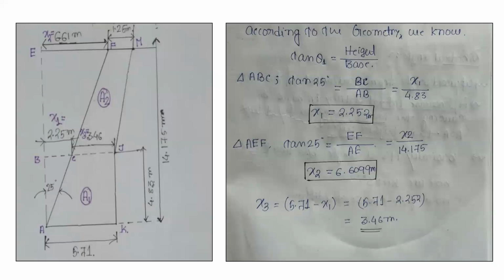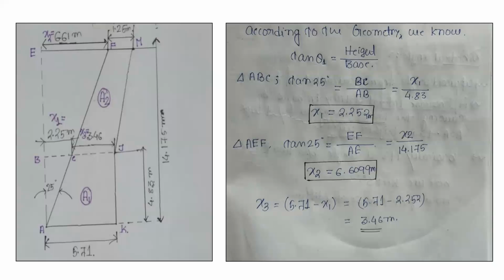Similarly, from triangle AEF, tan 25 degrees is equal to height by base, where the height is EF and the base is AE. EF we have denoted as x2, and AE is 14.175 meters. Now we get the value of x2, that is 6.6099 meters. Now comes x3.